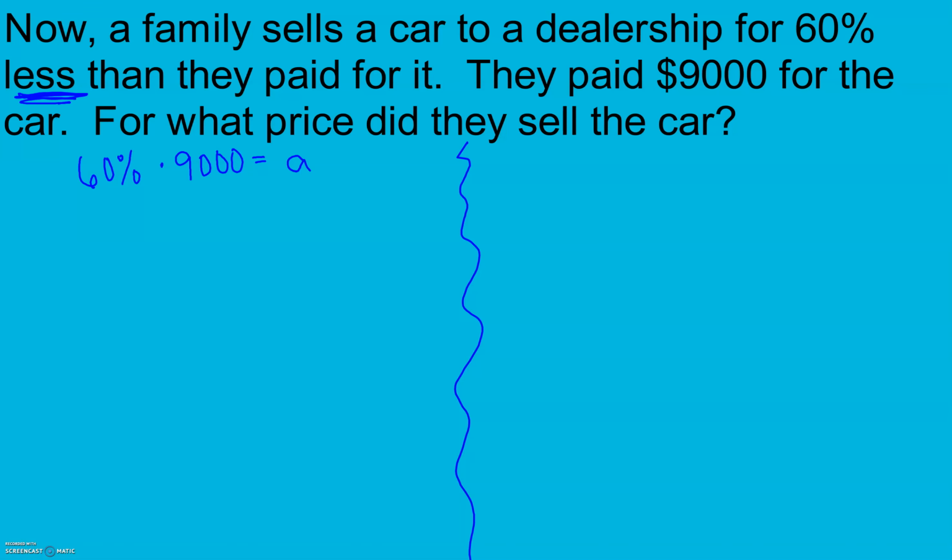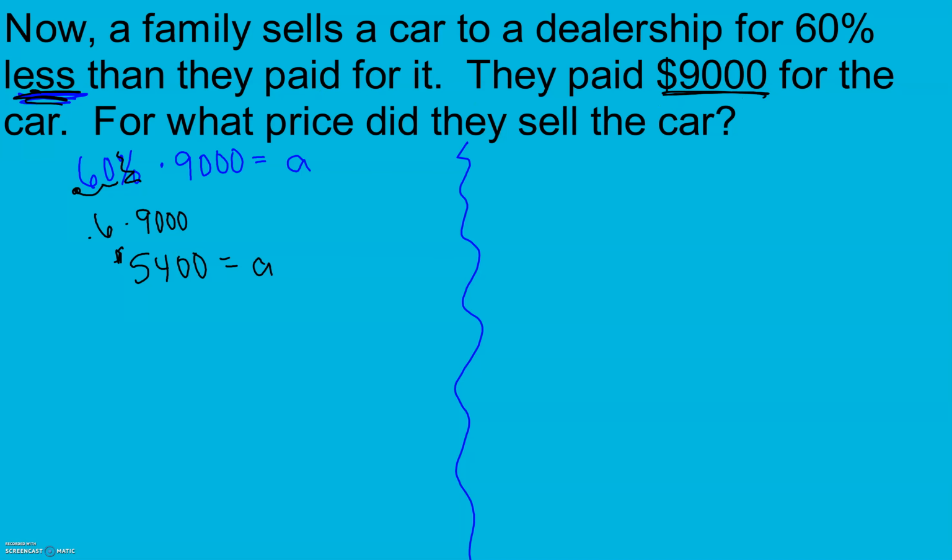When I multiply here, remember sometimes it's helpful to put these in as decimals. So 60% is going to be 0.6 times 9,000 when we're multiplying, which here is going to give me $5,400. And that's my part, the part that they're not getting, 60% less than they paid for it.